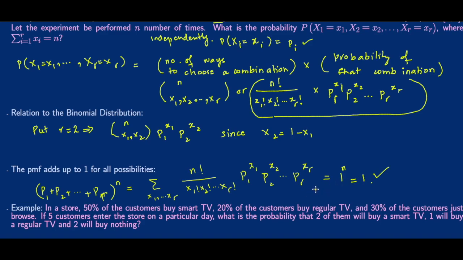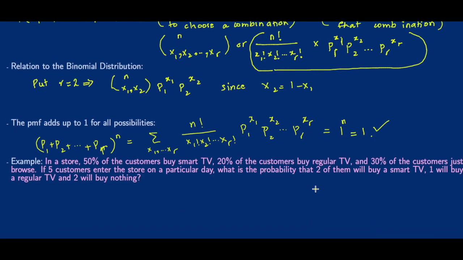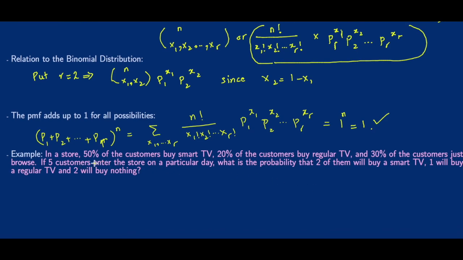Okay, so now let's do an example. This is a very simple example. We have probabilities that 50% of the customers will buy one type of TV, 20% of customers buy a second type of TV, and 30% of the customers don't buy anything. Now if 5 customers enter the store, this means we have n equal to 5. What is the probability that 2 of them will buy the first type of TV, one will buy the second type of TV, and 2 will buy nothing?